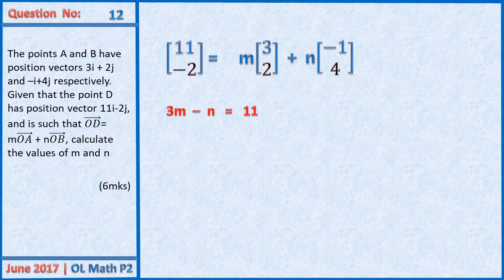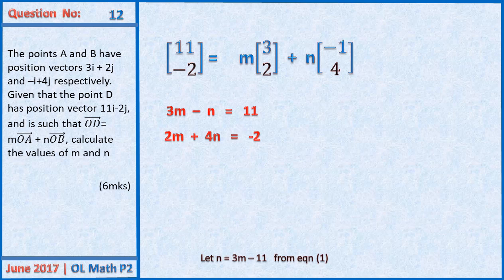So this gives us, equating the i components, 11 is equal to 3m minus n. So we have 3m minus n equal to 11, and the j components will have 2m plus 4n equal to minus 2. So you can easily solve this by substitution, using equation 1 to make n the subject of the formula.